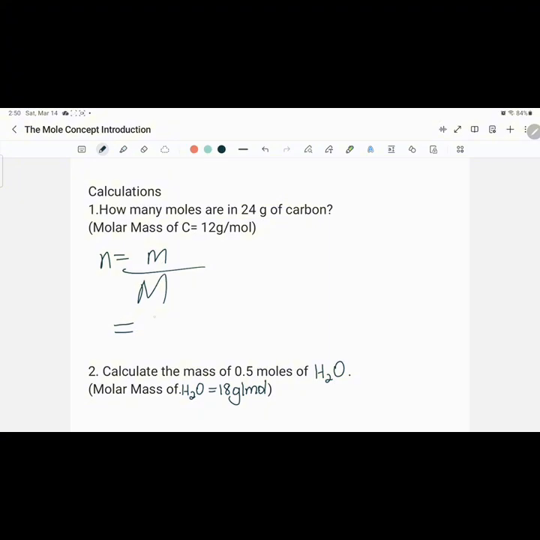What is the little m? We have 24 grams divided by 12 grams per mole. If we plug this into the calculator, we'll find that our answer is 2 moles. That's how we write the unit when we're talking about moles. That's the first one.